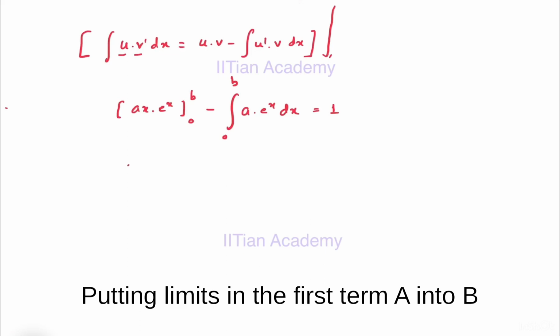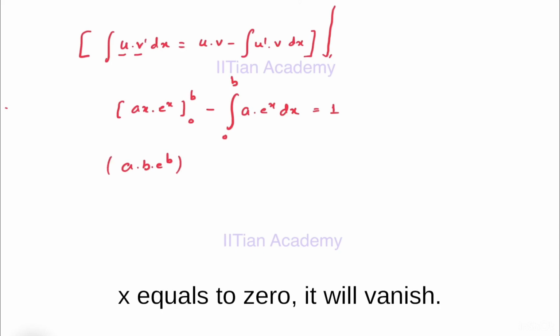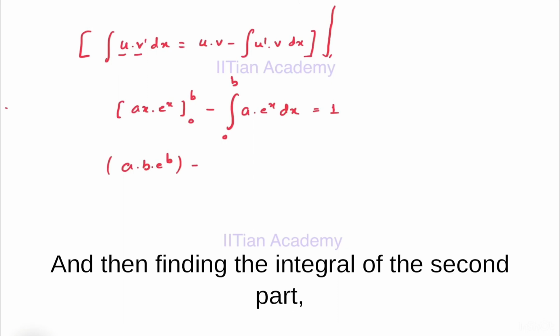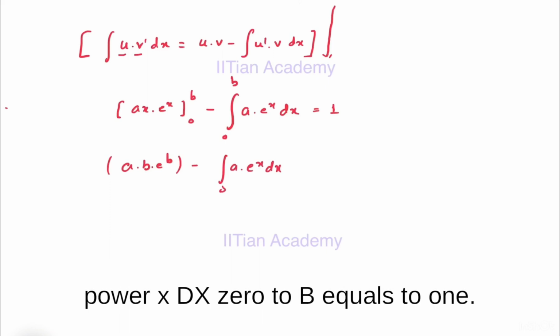Putting limits in the first term, a into b into e^b, minus putting x equals to 0, it will vanish. And then finding the integral of the second part, this will be a into e^x dx, 0 to b equals to 1.